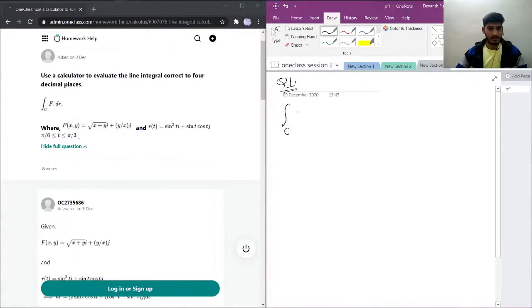Line integral over curve C of F dot dr, where F is equal to square root of x plus y I plus y over x j. So these are basically unit vectors, or unit vector caps. So I'll just write it properly.